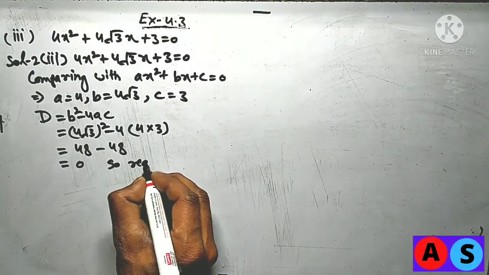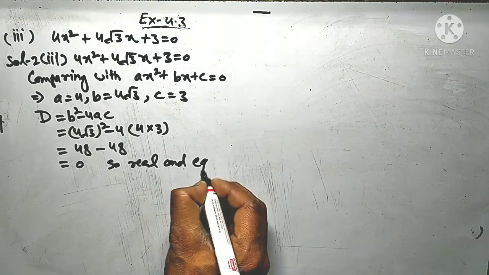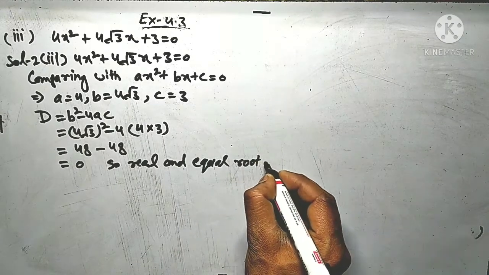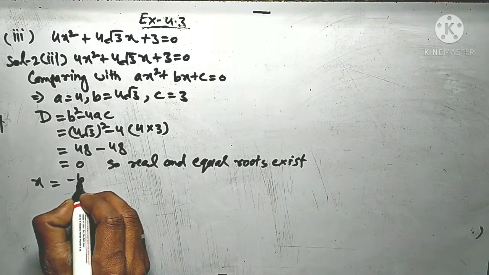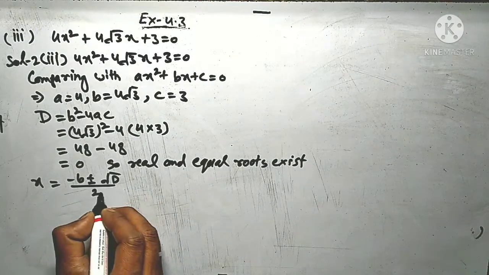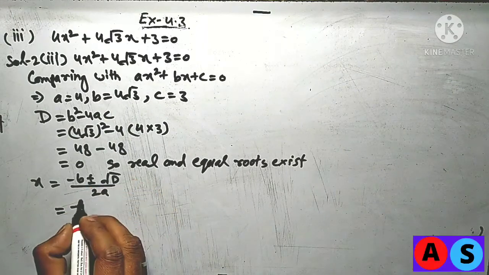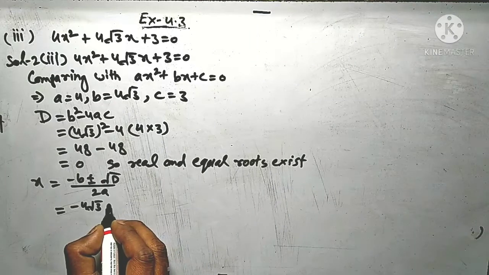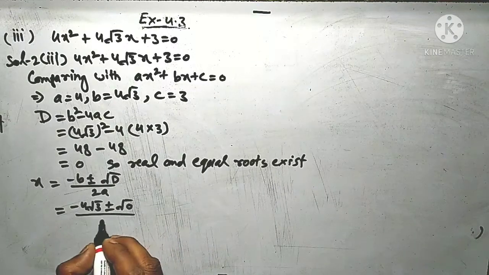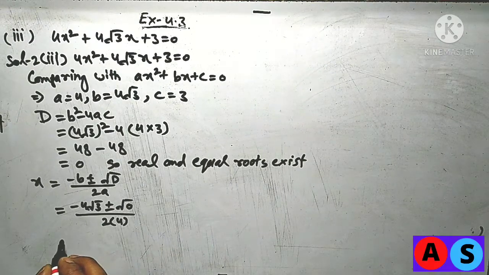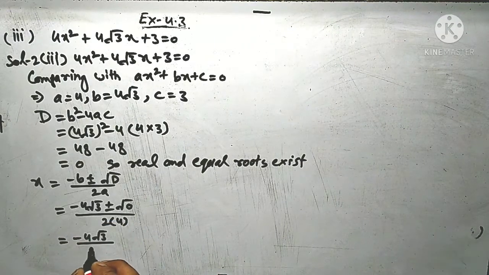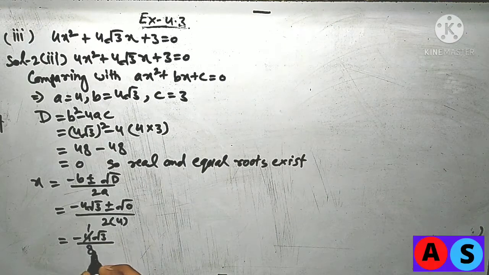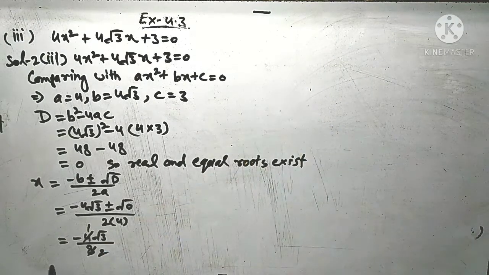So real and equal roots exist. So roots are minus b plus minus under root capital D over 2a is equal to minus value of b 4 under root 3 plus minus under root 0 over 2 bracket 4 is equal to minus 4 under root 3 over 8. 4 2s are 8, 4 1s are 4. x is equal to minus under root 3 over 2.